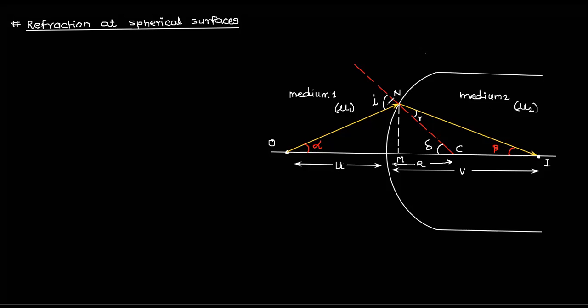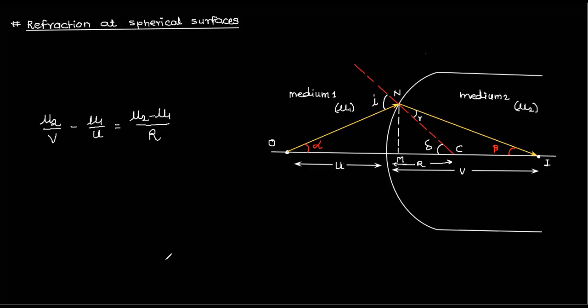If we derive this and do the geometry, the relation we get is mu 2 by v minus mu 1 by u is equal to mu 2 minus mu 1 divided by r.